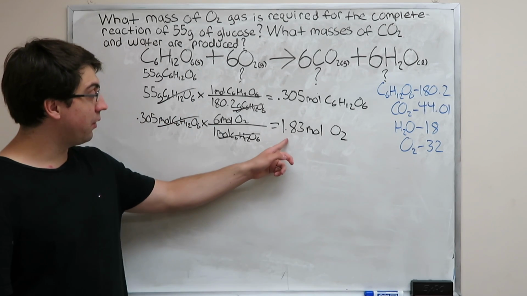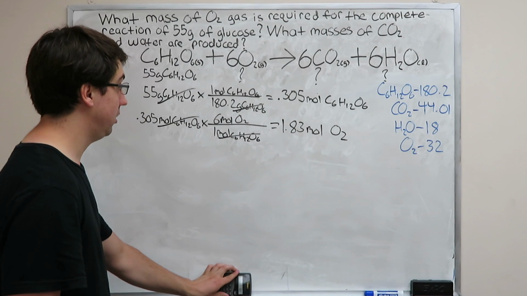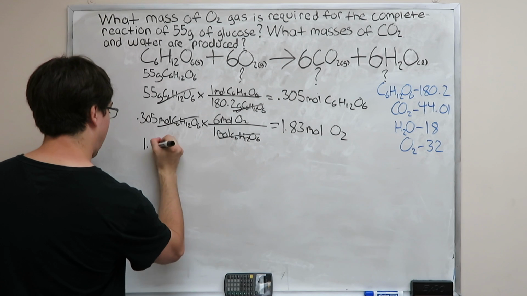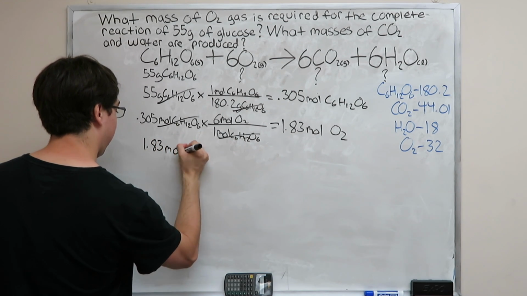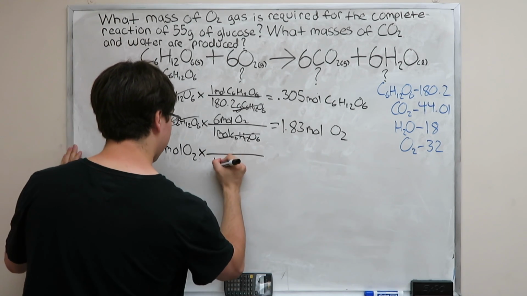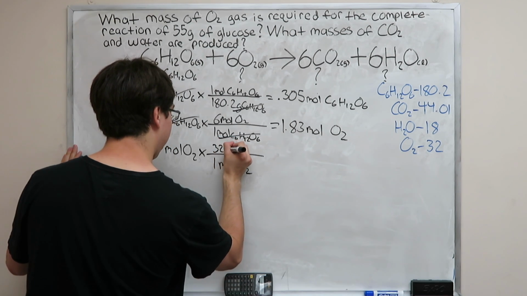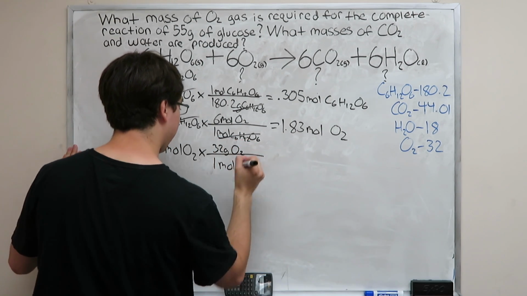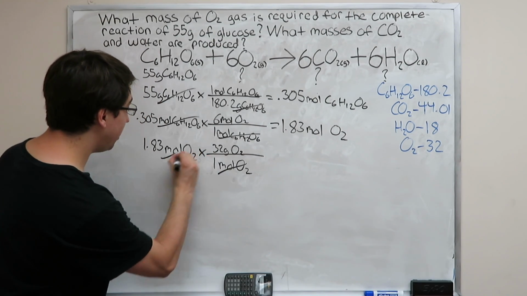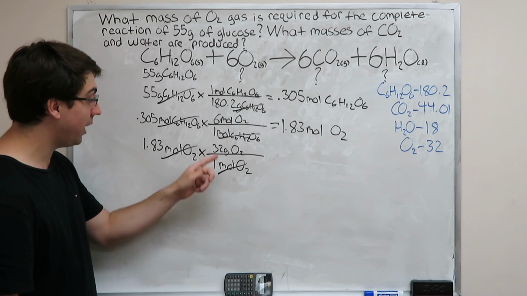Last thing we need to do is convert the moles of oxygen to grams of oxygen. There is 32 grams in 1 mole of oxygen. The moles of oxygen will cancel out, leaving us with grams of oxygen, and you just need to take the 1.83 and multiply times 32.